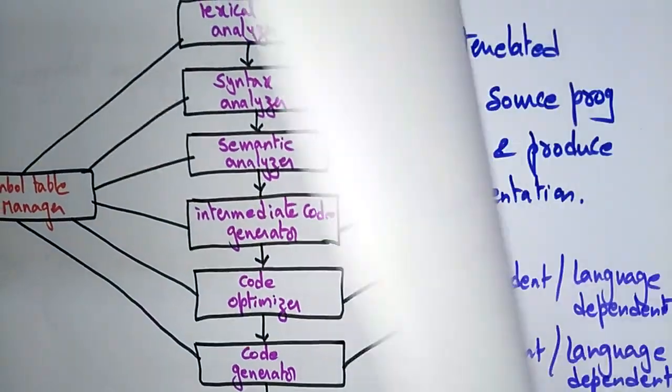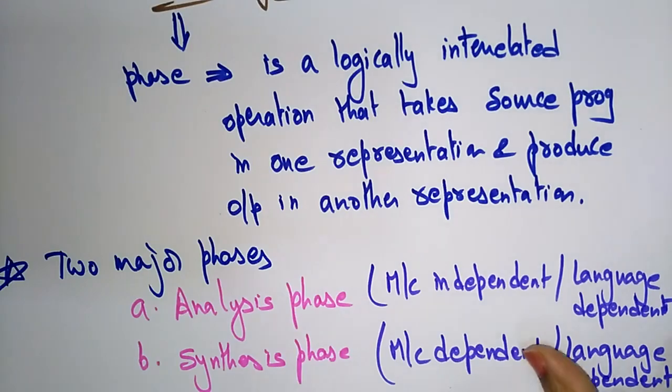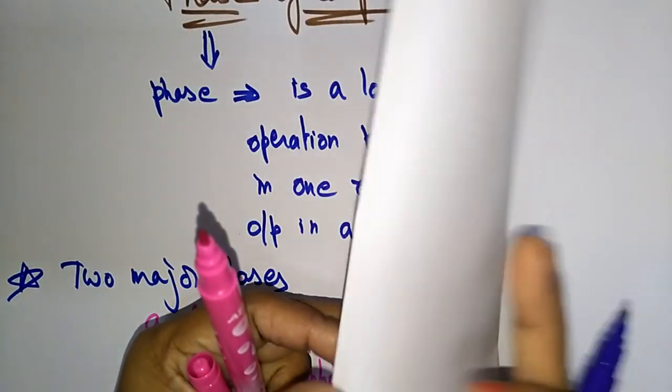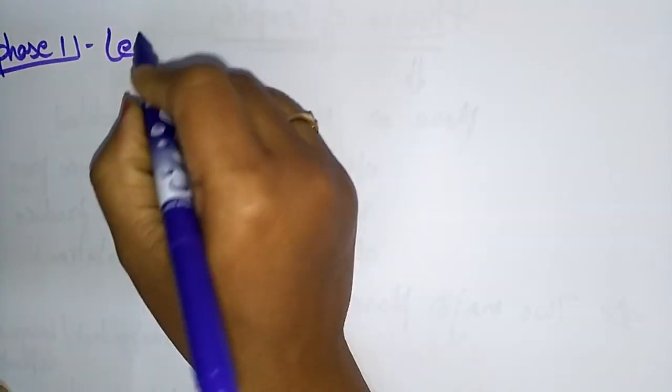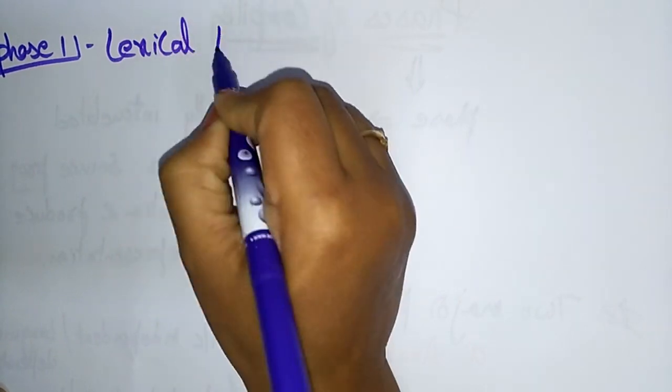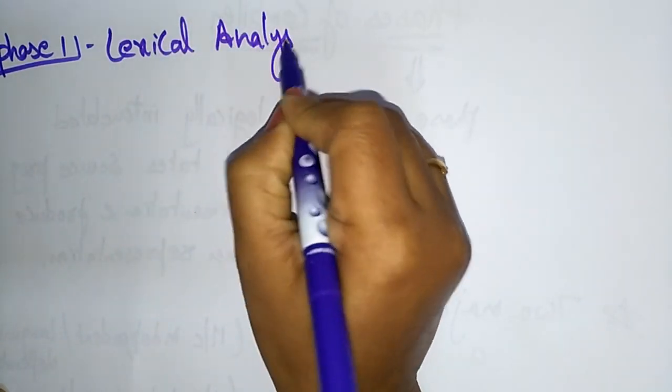Let me explain each phase clearly. What is phase 1? Phase 1 is called the lexical analyzer. The source code enters phase 1, lexical analysis.